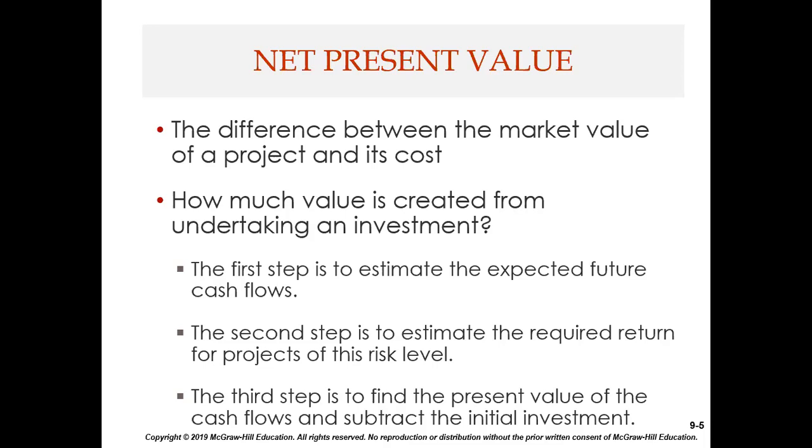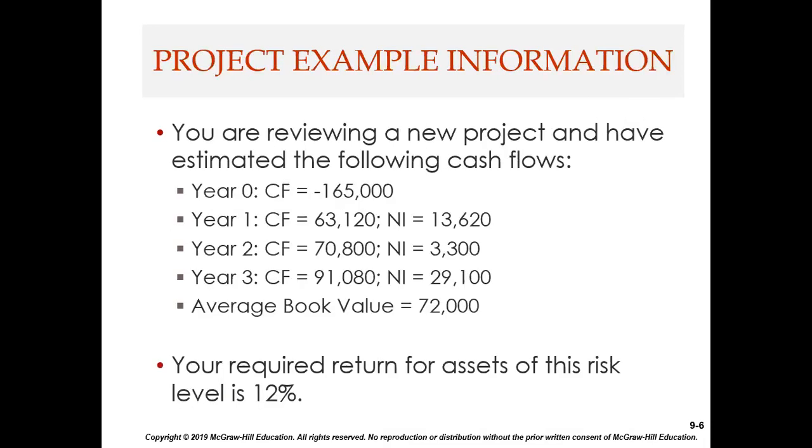And then the third step is to find the present value of those cash flows that we predicted using that required rate of return. Once we have that present value, subtract it from how much we have to pay up front for it. So you can see an illustration of how we would project the cash flows on page 275. So that's the outline of how we do the steps of this method.